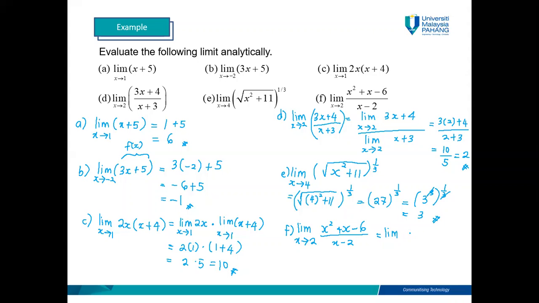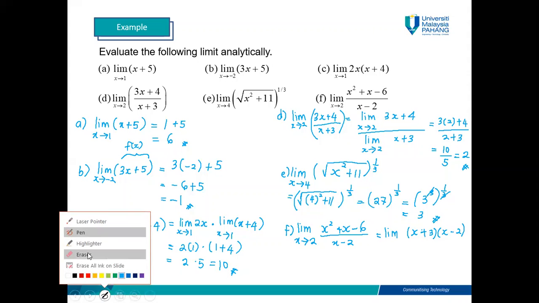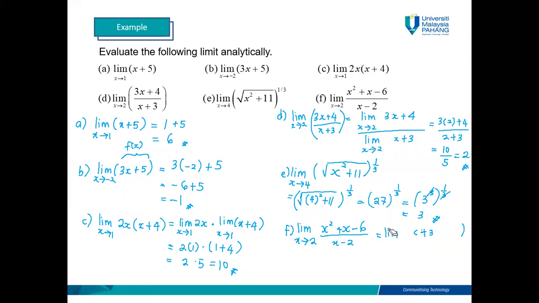Kita try limit of x plus 3, x minus 2. Boleh tak? X square negative 2 plus 3 y. Oh, sorry sayang. Sorry my dear. Okay, kalau you substitute.